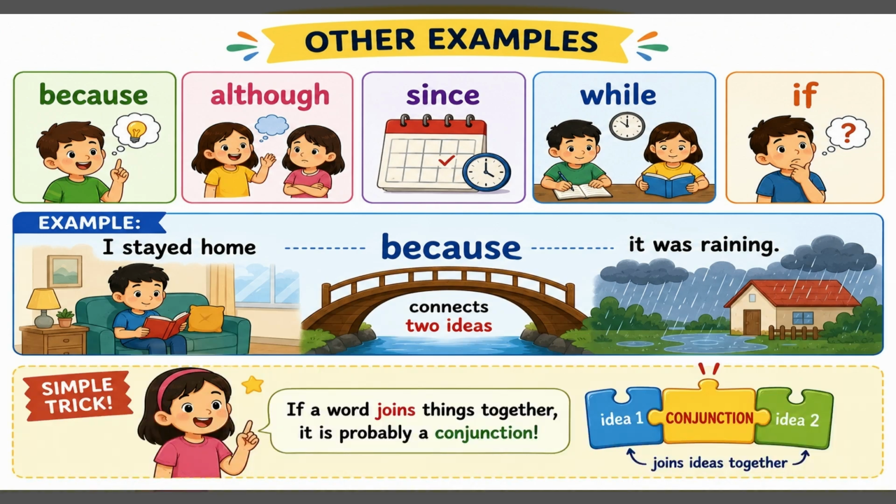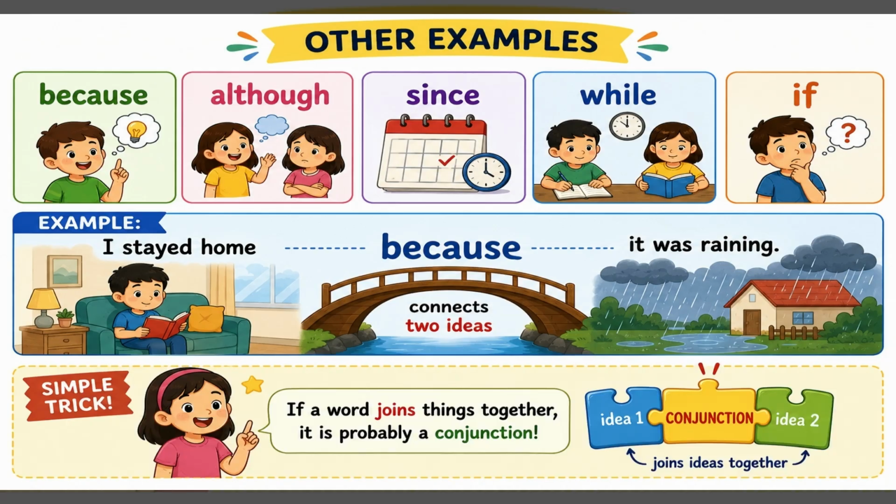Let's look at one example. I stayed home because it was raining. Here, because connects two ideas: I stayed home, and it was raining. So, because is acting as a conjunction. Here's a simple trick to remember.